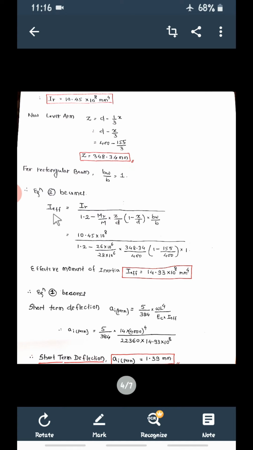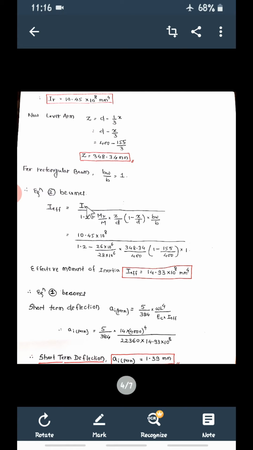The effective moment of inertia, I effective, is equal to Icr divided by 1.2 minus (Mcr upon M) into (z by d) into (1 minus x by d) into (bw by b).